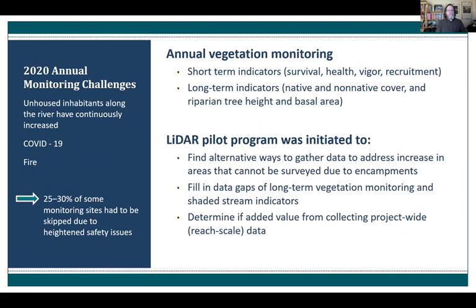This led us to initiate the pilot program to attempt to find alternative ways to gather data remotely that could be coupled with more limited field data collection to try to fill in the gaps and see if we could meet at least some of the requirements of the long-term monitoring program. An additional objective was to determine if using these remotely sensed data could help us extrapolate and expand from the site-specific transect data to more of a reach scale assessment of what's going on throughout the larger area.